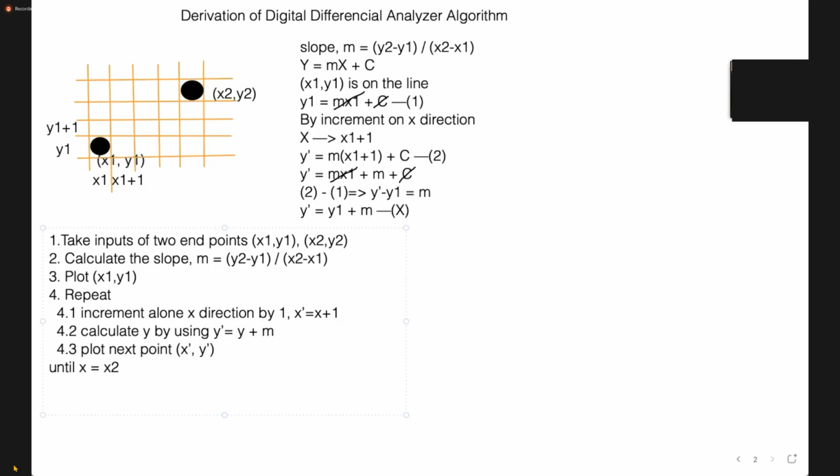Whenever you go to the next point, you use the previous actual y coordinate and do that.